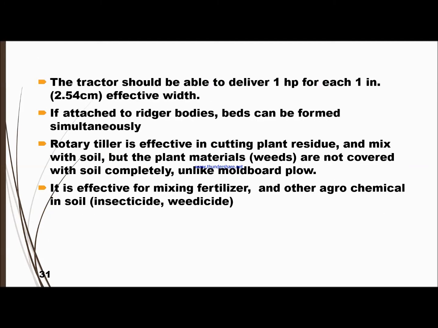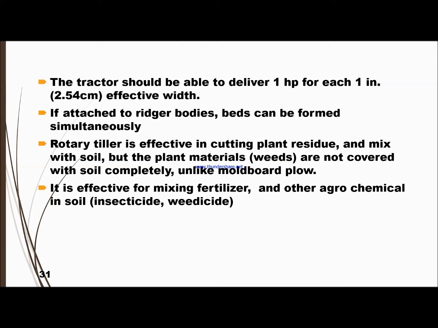The tractor should be able to deliver 1 horsepower for each 1 inch of effective width. 1 inch is about 3 or 4 centimeter, so you're able to calculate or estimate the horsepower requirement of the tractor.